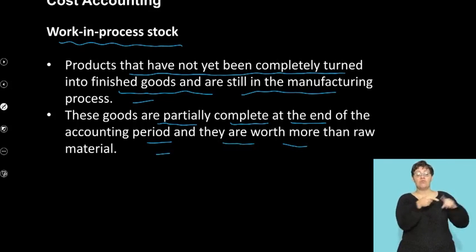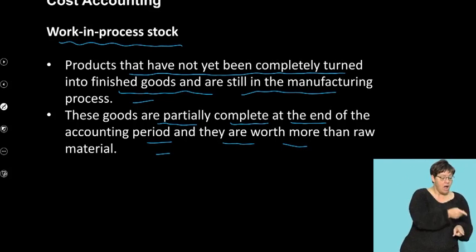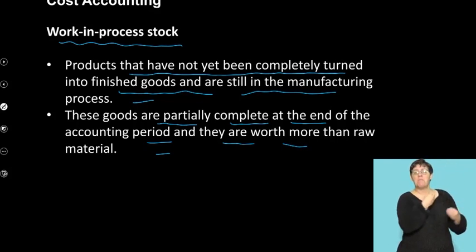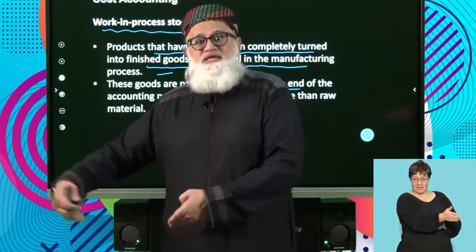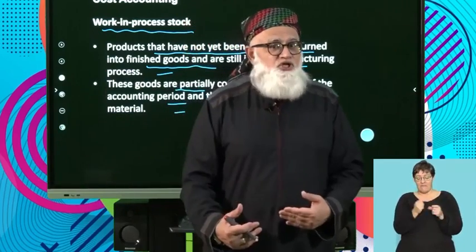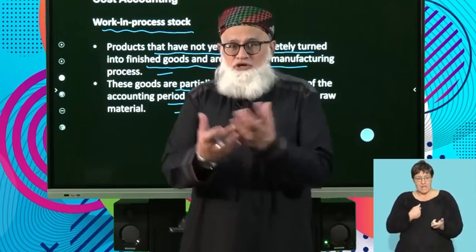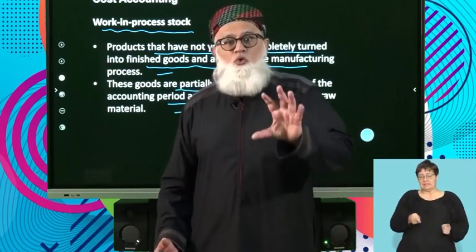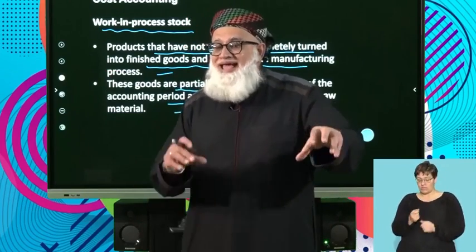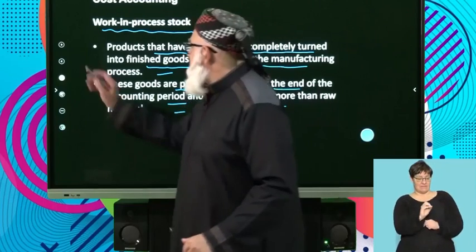So these would be your opening and your closing balances in your work in process account. Remember, when you walk into a factory at the beginning of the year, you get some goods that are not totally manufactured. They're in some state of manufacture. By the same token, at the end of the financial year, you're going to get some goods that are not completely manufactured. So your work in process will have an opening and a closing balance.